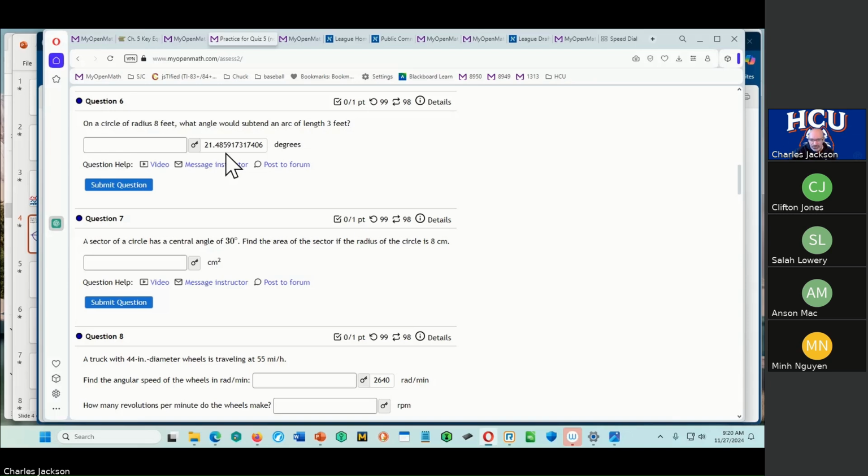So you can reduce the fraction or just go to the calculator with 540 over 8 pi.